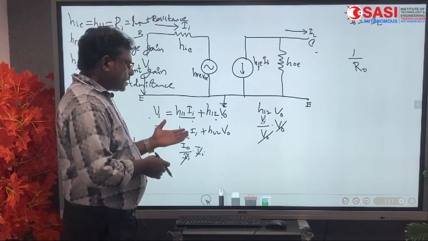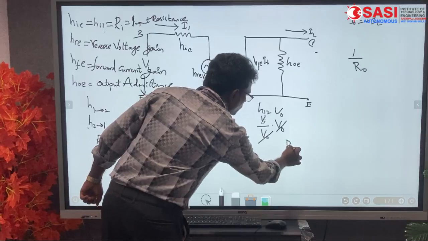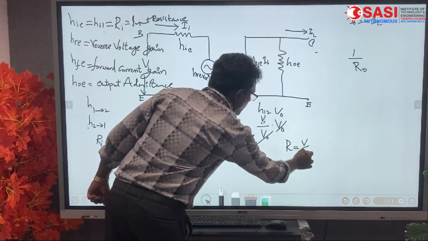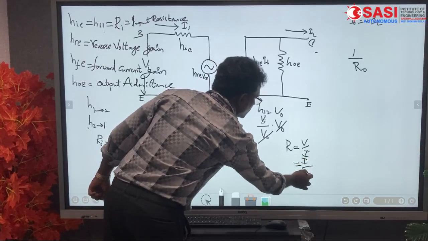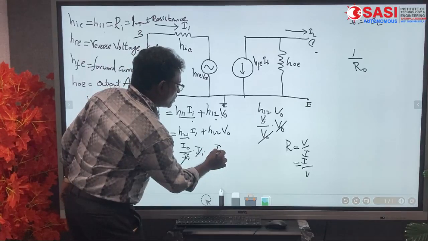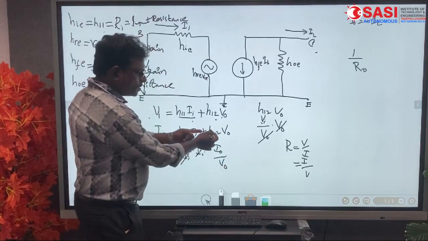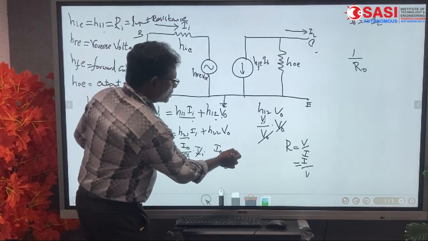Resistance R equals V by I according to Ohm's law. Reverse resistance, 1 by R equals I by V. So admittance is I naught by V naught. At output, H22 is I naught by V naught, the reverse resistance, into V naught.